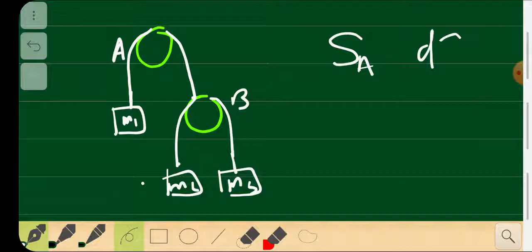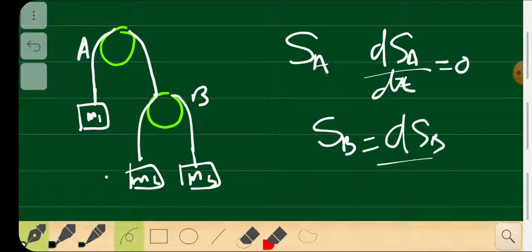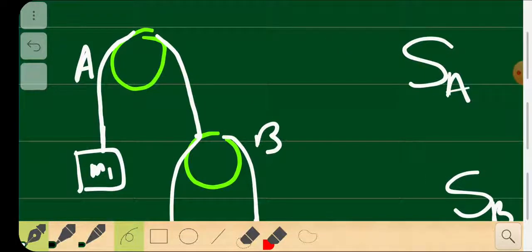That means d of string A by dt is equal to 0. Similarly string B won't change, so d of string B by dt will also be equal to 0. These are the two things. So how can I find the length of the string?